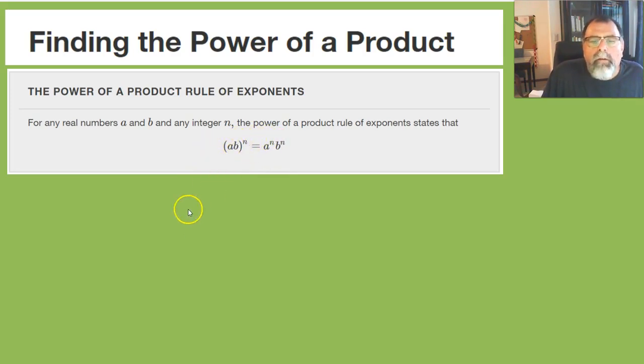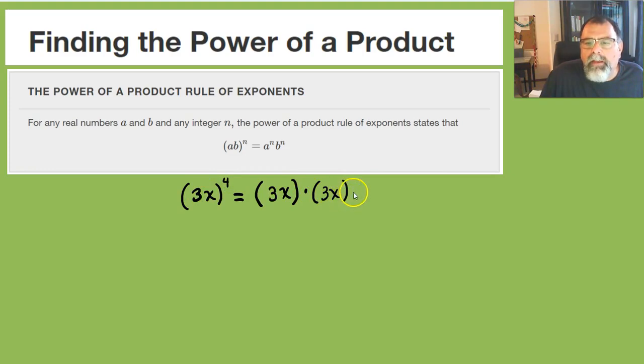Let me backtrack on that for a second. Let's just do 3x to the 4th power. From the basic meaning of powers, a base to an exponent, we're going to have 4 factors of whatever the base is. So the base is 3x, so we want 4 factors of 3x. And whether I write the dot in between or not doesn't matter.